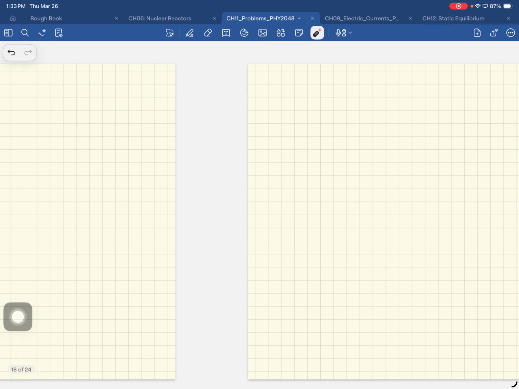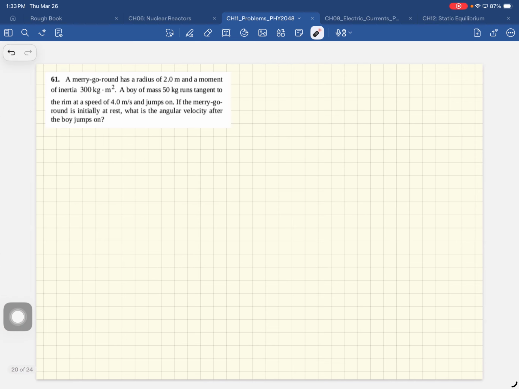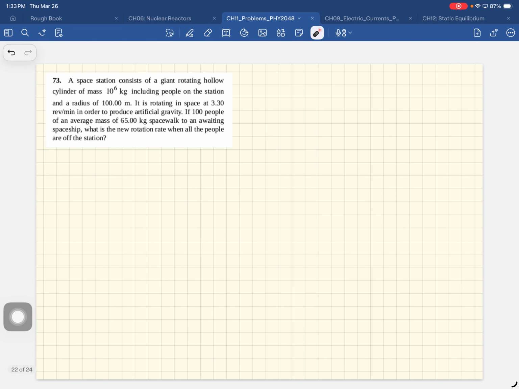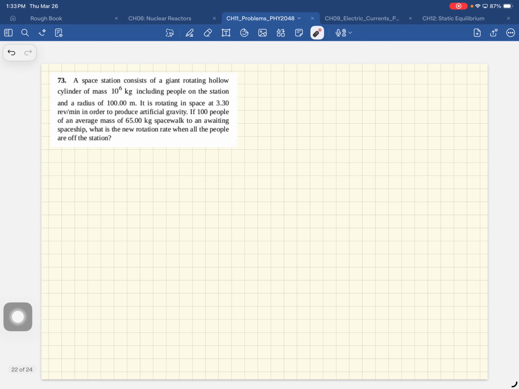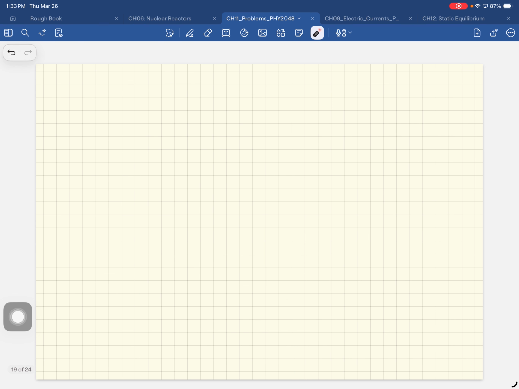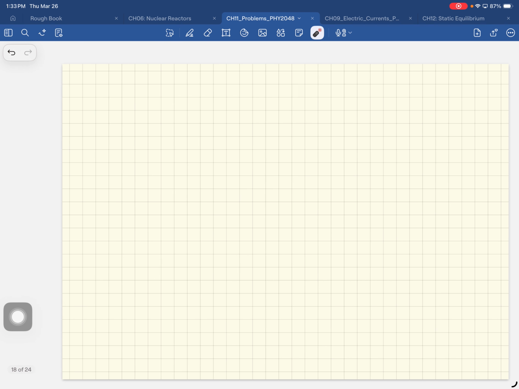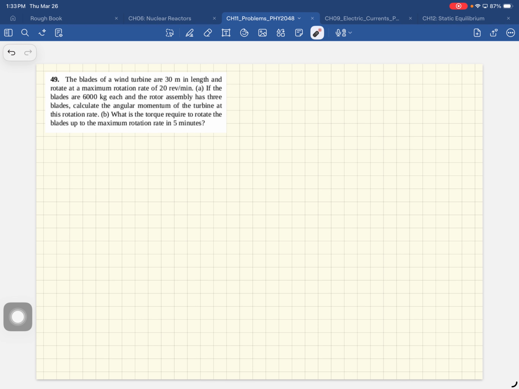All right, so L, the angular momentum is ml squared times 2 pi over 3. L is 30 meters.